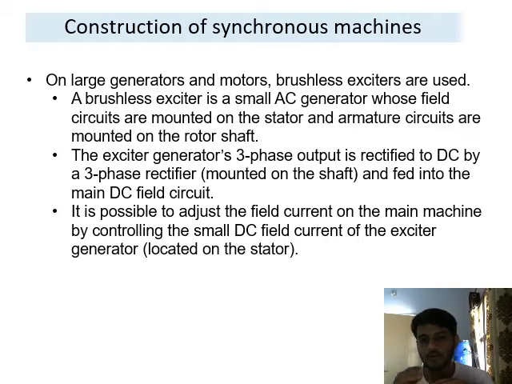Of course, at the time of starting, we have to give some DC power supply to the rotor to start the process of generating the field, or building up the voltage. You will also study the theory of how voltage buildup is done in a generator. It is possible to adjust the field current on the main machine by controlling the small DC field current of the exciter generator.